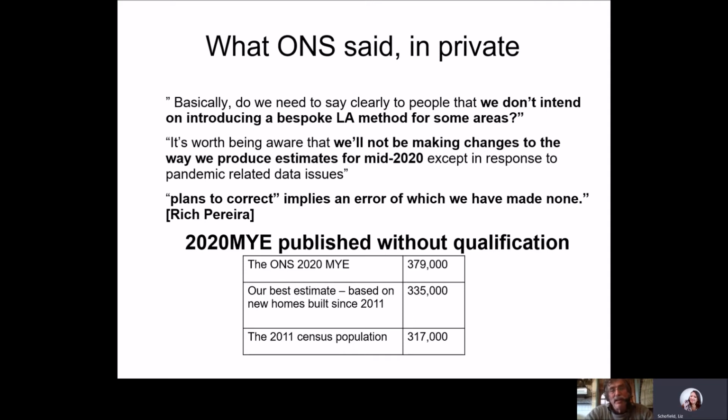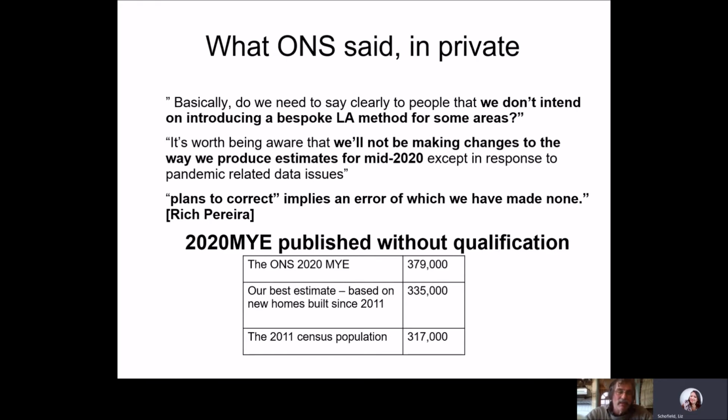His reply was, plans to correct implies an error of which we have made none. Let me repeat that. This is the director of ONS saying, we have made no mistakes. We will not correct anything. So that's a pretty papal position.